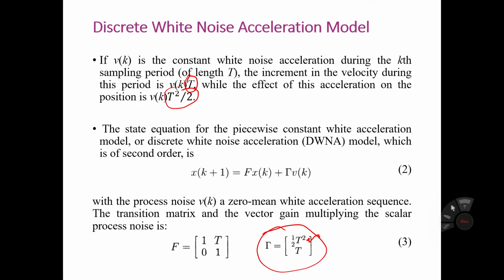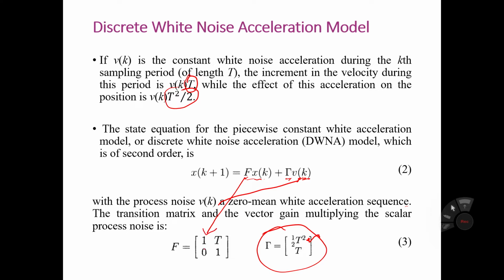Then the state equation for the piecewise constant white acceleration model, or sometimes we call it the discrete white noise acceleration, DWNA model, which is a second order model, becomes x of k plus 1 equals F x of k plus gamma v of k, where v of k is the process noise, a zero mean white acceleration sequence, and the matrix F is like this.